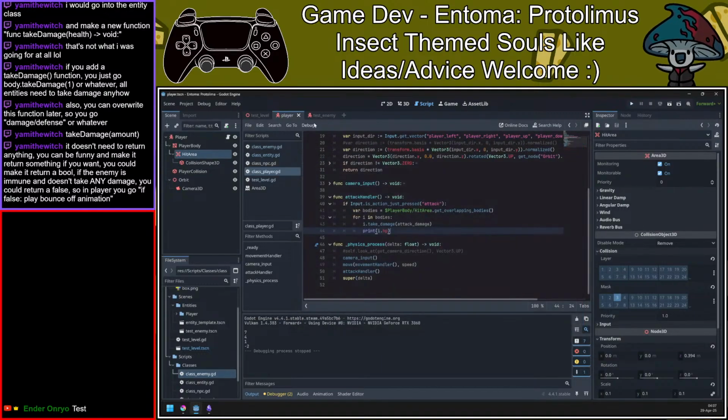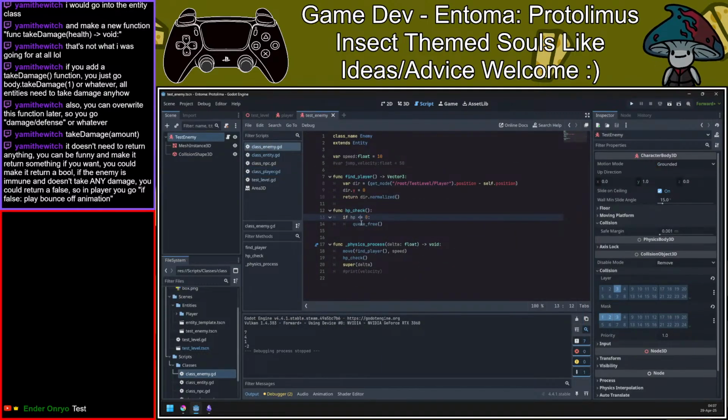Ooh, that's a good point. If HP is less than or equal to 0, HP equals 0. Wait, but then that's going to be recursive. Yeah. I suppose it doesn't matter if their health goes into the negative if they're dying instantly anyway.